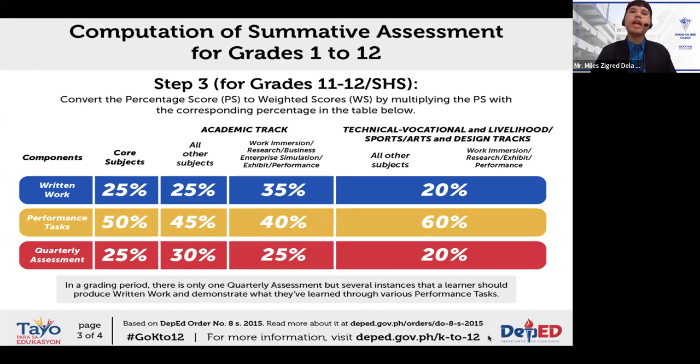For the technical, vocational, and livelihood, sports, arts, and design track, all other subjects, including work immersion, research exhibit, and performance, the written work will be 20%, performance task 60%, quarterly assessment 20%.